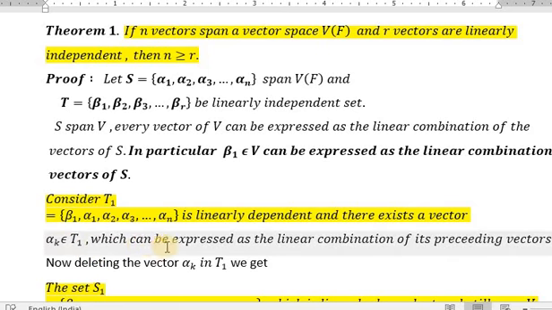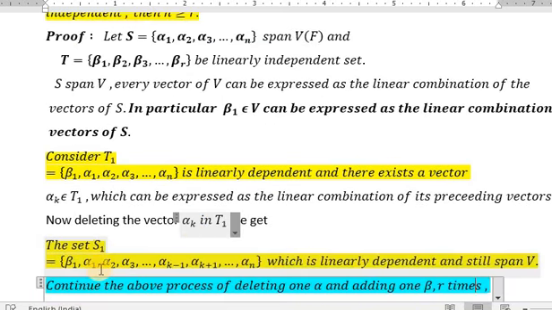So alpha k can be expressed as the linear combination of its preceding vectors. Now let us delete alpha k in T1. Then we get S1 equal to beta 1, alpha 1, alpha 2, alpha 3. See, alpha k we have deleted in T1.